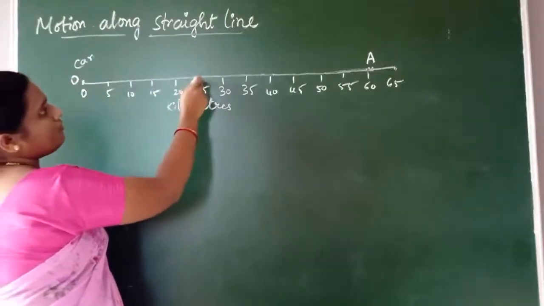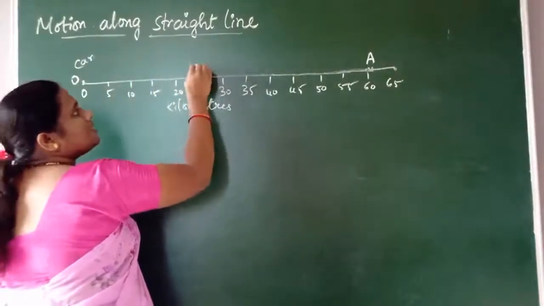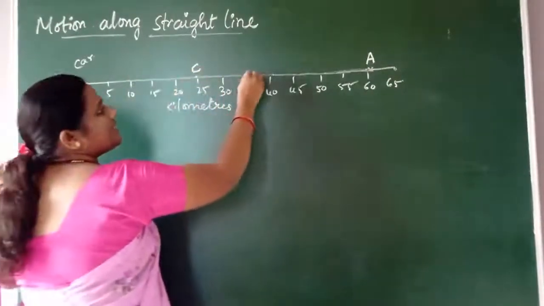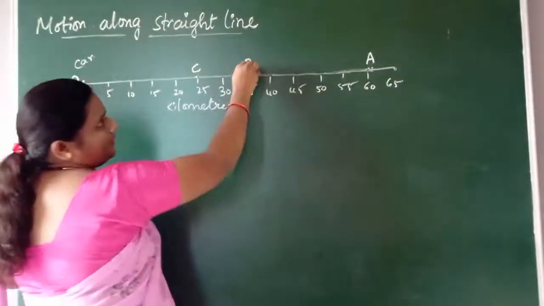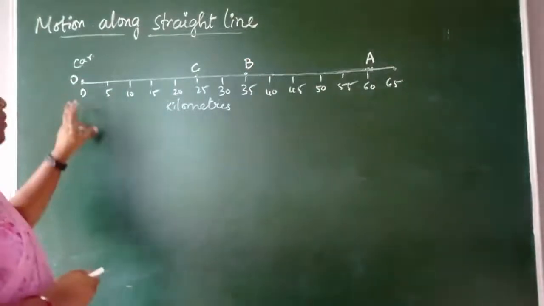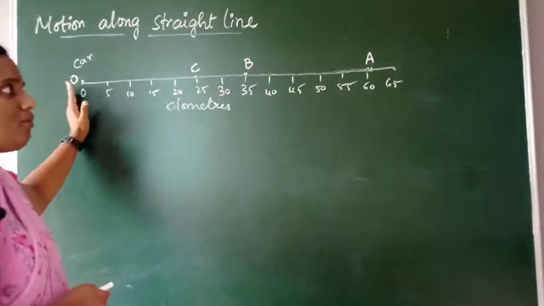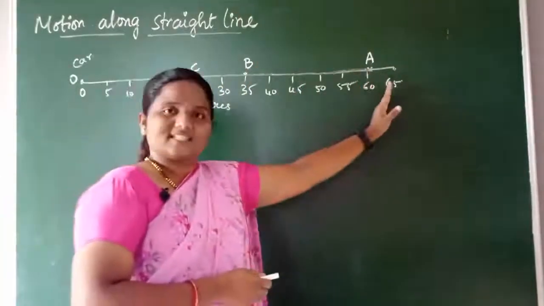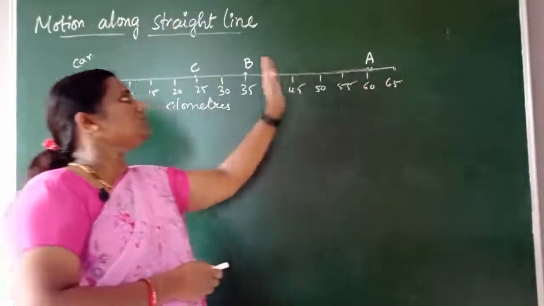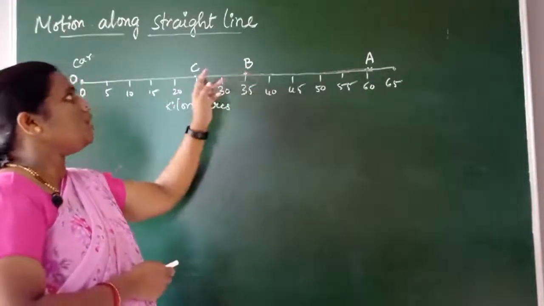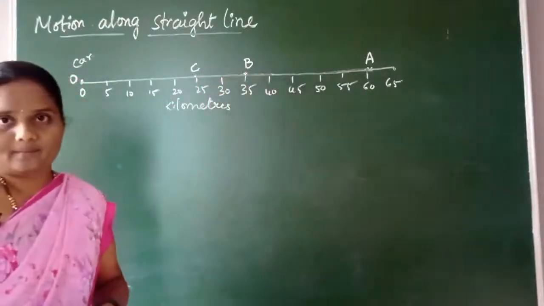From 0 it first goes to the C point, and then here, let us take 35 as the B point. In total, how is it moving? First, it travels from the origin up to 60 kilometers and moves back to the B point, and from B it moves to the C point.